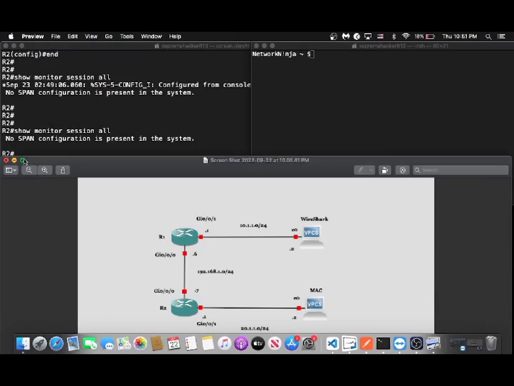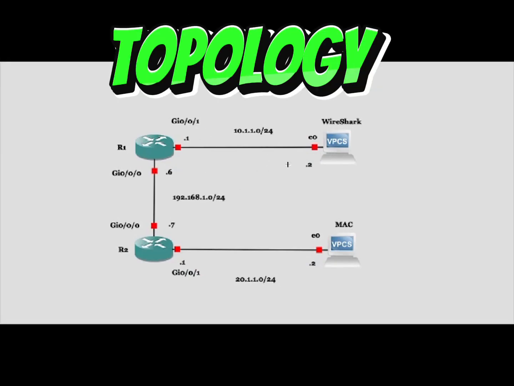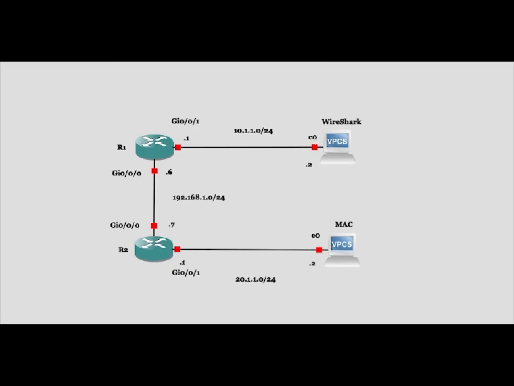So right here, I could make this bigger, I guess. What I'm going to attempt to do, we've got a MacBook right here that I'm on right now. Then I have another Windows PC. This is just a screenshot from GNS3 because I just wanted to build a topology for it. So we have Wireshark running, which is a sniffer or an analyzing tool, and that's on a Windows PC.